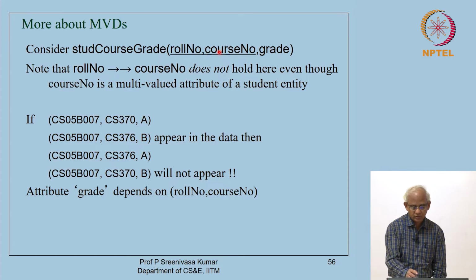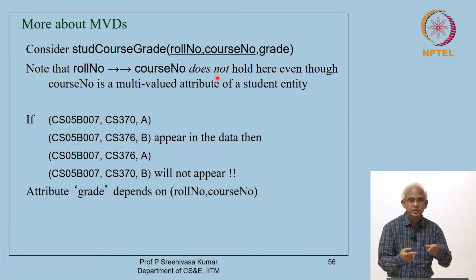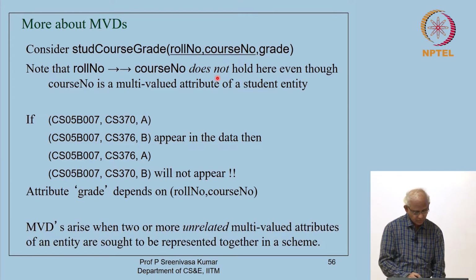So, it is not the single multivalued attribute that is causing trouble, it is the existence of two independent multivalued attributes being put together into a relation. So, MVDs arise when two or more unrelated multivalued attributes of an entity are being represented in a particular relation.